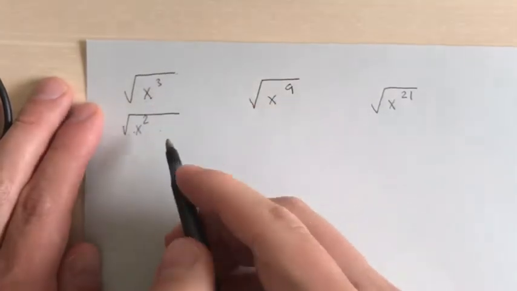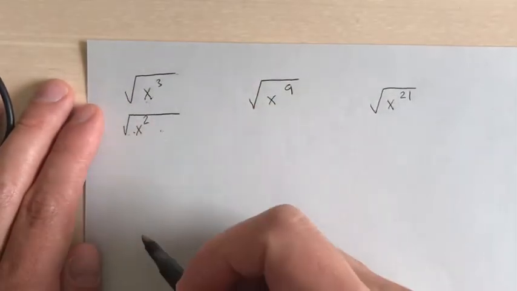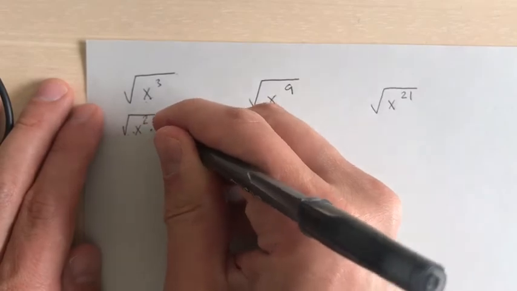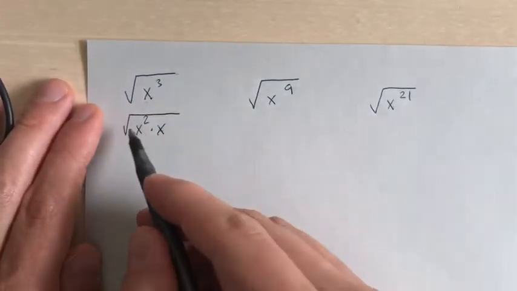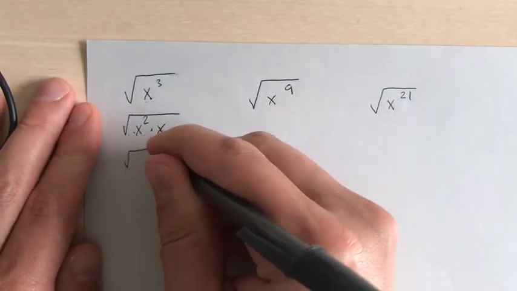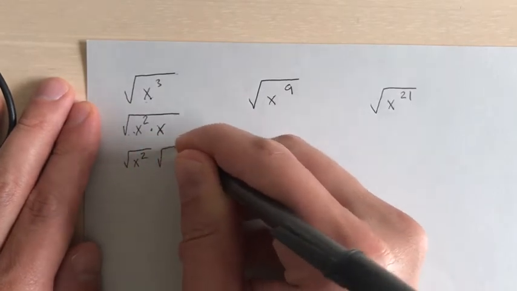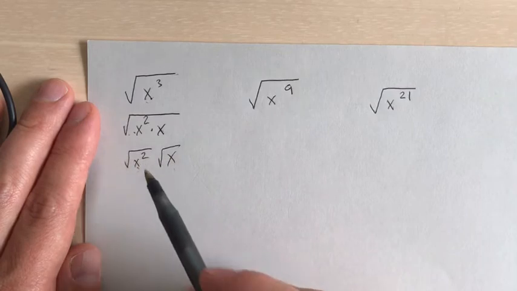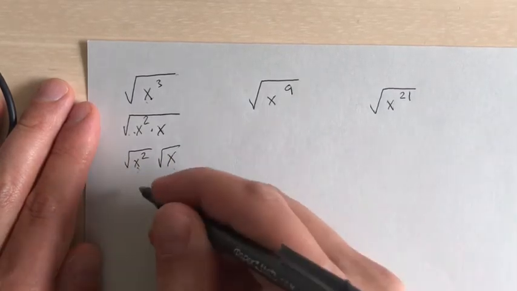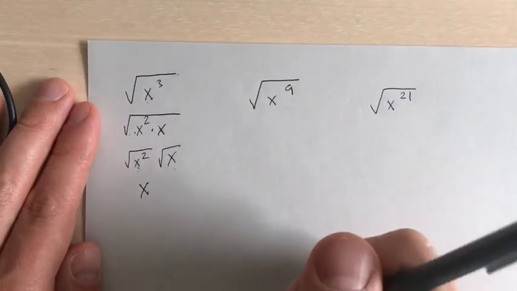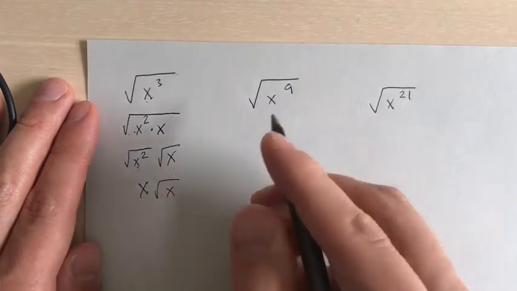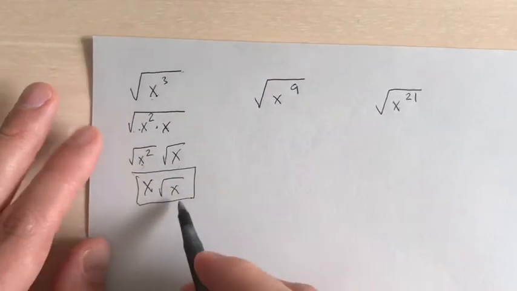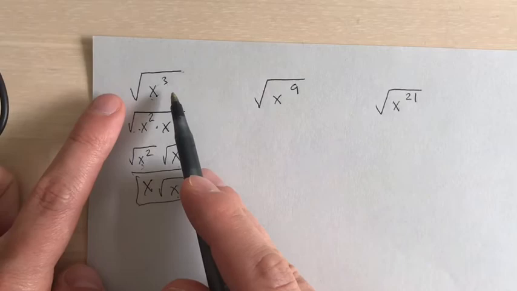So x squared. X squared times what is x cubed? X, right? Now, this can be broken down using the product property like this, right? X squared times x. And what's the square root of x squared? Well, we already found that out. That's just x, right? Times the square root of x. So this would be the simplified version of that.